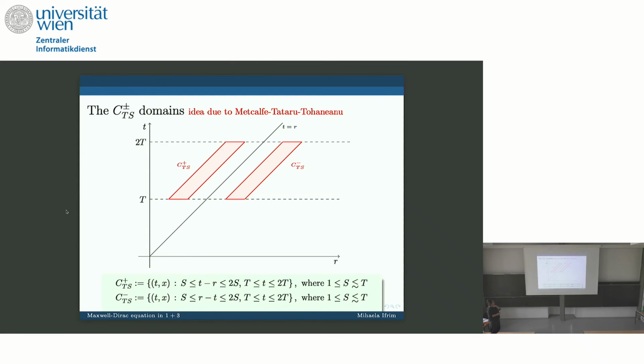It's not quite a classical argument, but let me explain what those CTS pluses and minuses are. This is work that I've seen in Metcalfe, Tataru, and Tohaneanu's work. It was not enough that we dyadically decompose in time in slices. We actually decompose in those rectangles, which count how far away from the cone you are. The CTS minus is outside the cone, and the CTS plus is inside the cone.